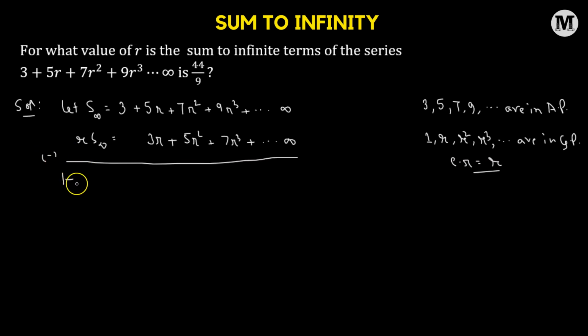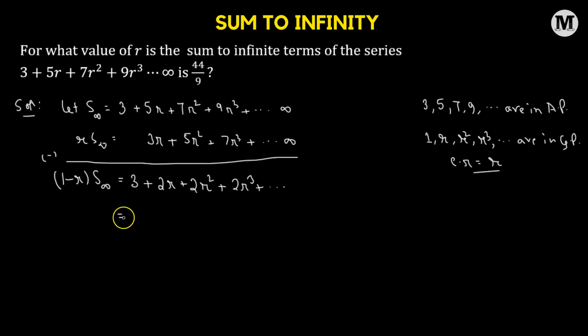So we have 1 minus R multiplied by the sum to infinity. This is going to be equal to 3 added to 5R minus 3R, so that's 2R, added to 7R squared minus 5R squared, so that's 2R squared, added to 9R cubed minus 7R cubed, that's 2R cubed, added to the rest of the terms.